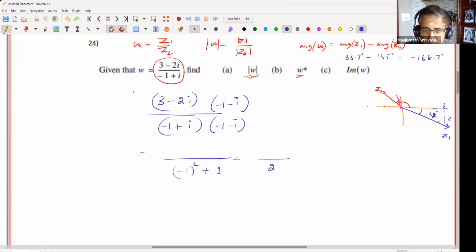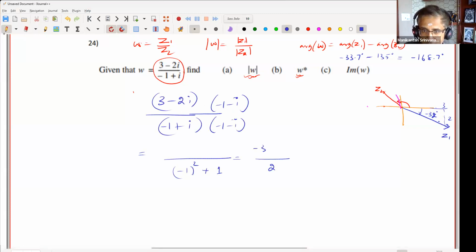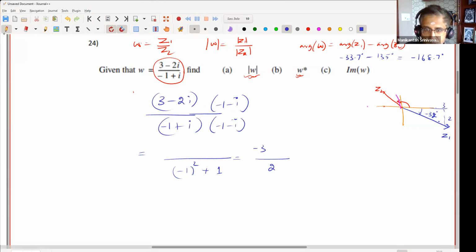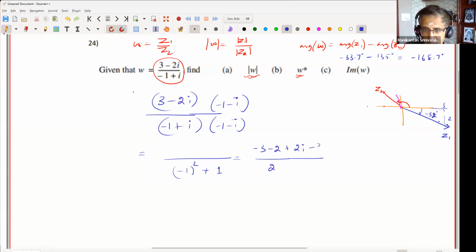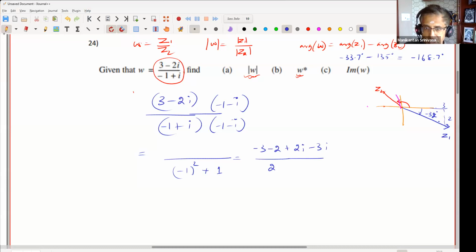And the numerator, let's multiply. So 3 times minus 1 is minus 3. Minus 2i times minus i is 2i square, which is minus 2. And then minus 2i times minus 1, and then 3i times minus i. So net we have minus 5 minus i by 2.